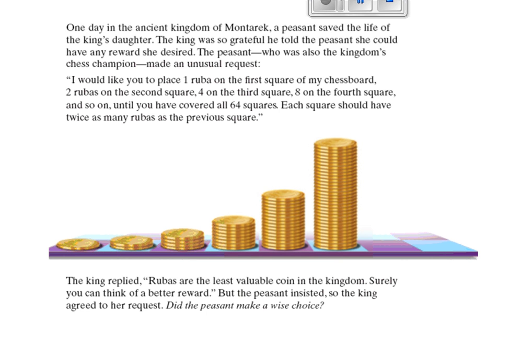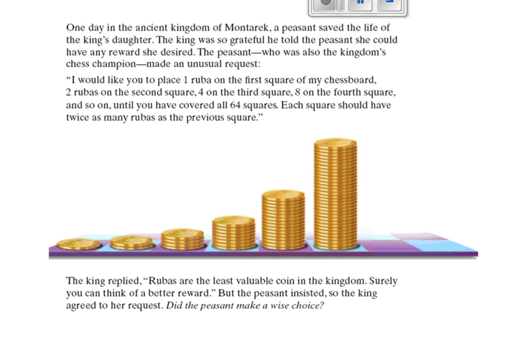I would like you to place 1 ruba on the first square of my chessboard, 2 rubas on the second square, 4 on the third square, and 8 on the fourth square, and so on until you have covered all 64 squares. Each square should have twice as many rubas as the previous square.